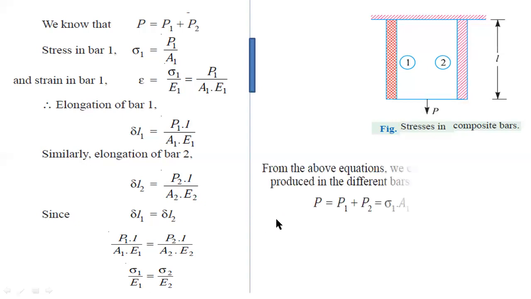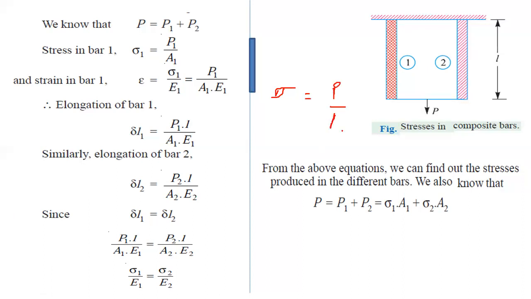Another formula is obtained by using this equation. Already we know the total load acting on the compound bar, P, equals the load acting on bar 1 plus the load acting on bar 2. We already know the formula for stress equals load by area. So load equals stress into area.